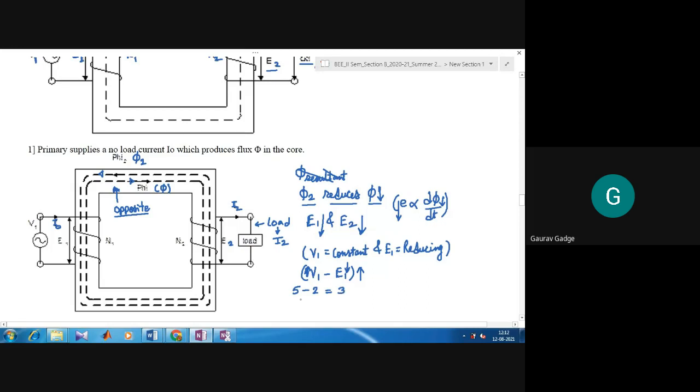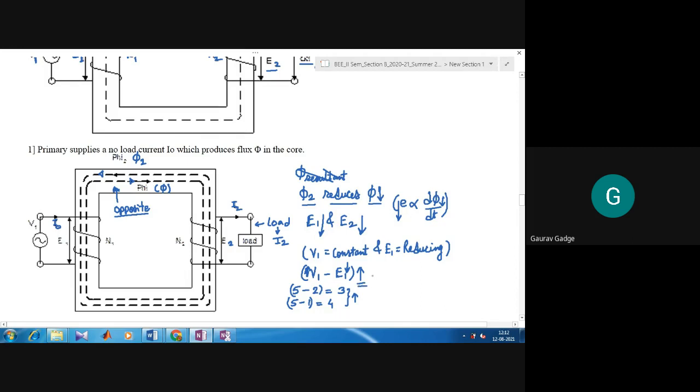But if this 2 is reduced to 1, this V1 is constant, that is 5, तो 5 minus 1 becomes 4. इसका मतलब क्या है, अगर आपका नेगेटिव वैल्यू रिड्यूस हो रहा है तो जो सब्ट्रैक्शन है that subtraction gets increased. So here you can see it is increased. So this V1 minus E1 increases.